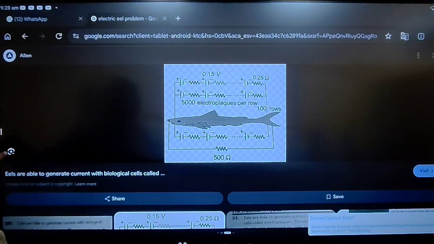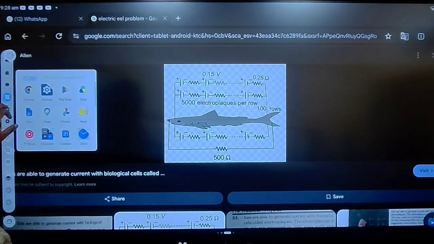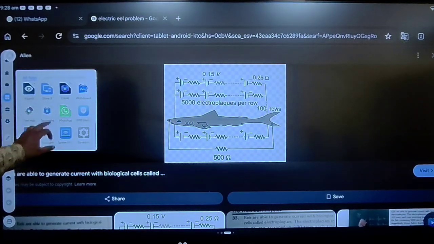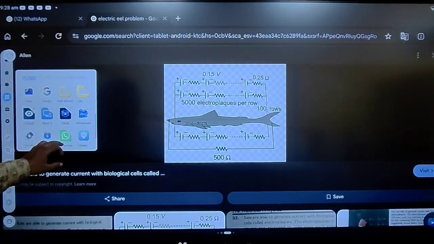Yes. See here, it's a very important question which was asked in AIIMS. Once it was asked in AIIMS. So I'll show you how to solve this problem.